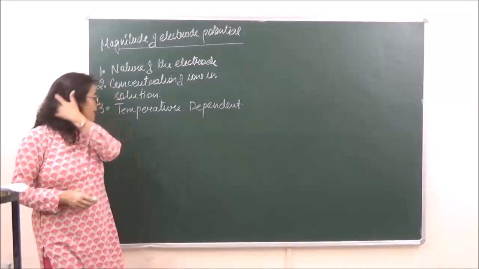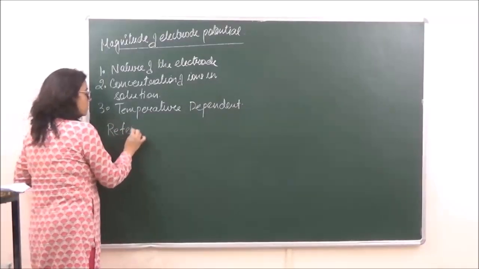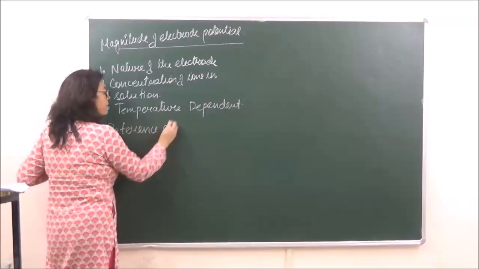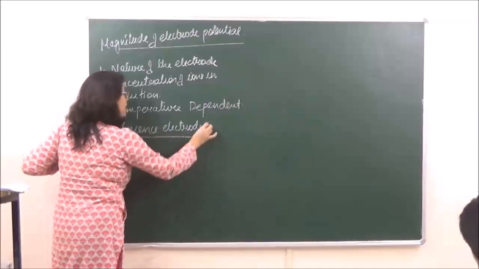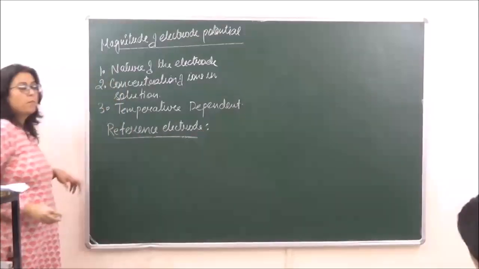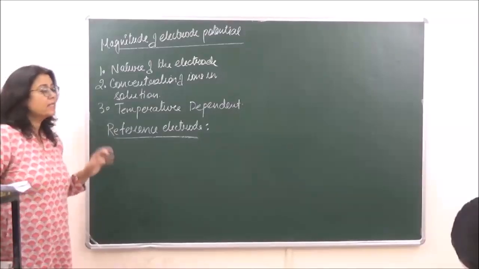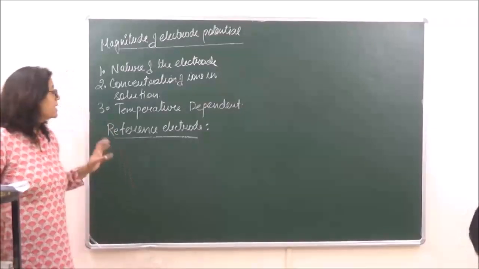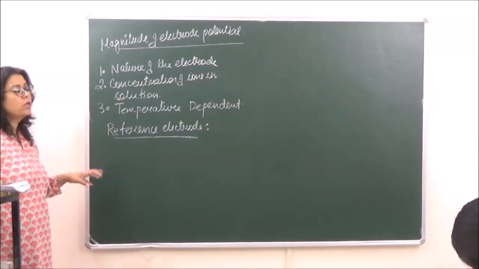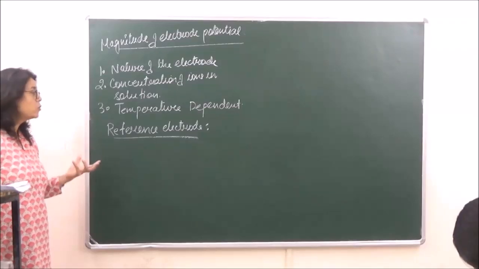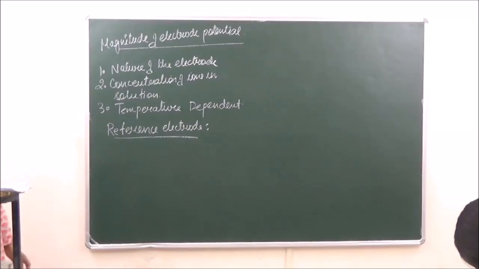For that we require another electrode which is known as the reference electrode. It is any electrode whose electrode potential can be taken as a constant value. That is what a reference electrode is. With respect to this reference electrode, we can calculate the electrode potentials of many metals, right? So this is what a reference electrode is.